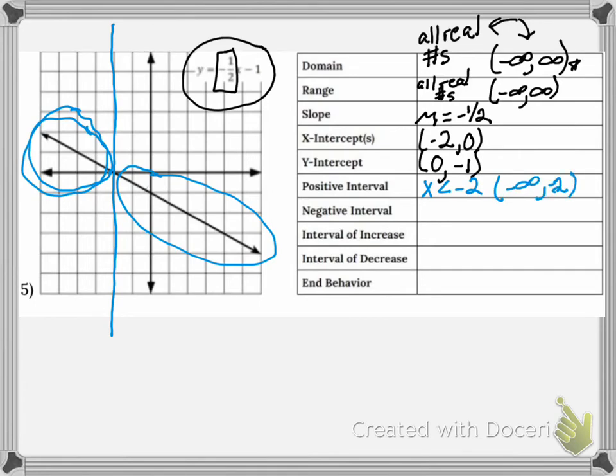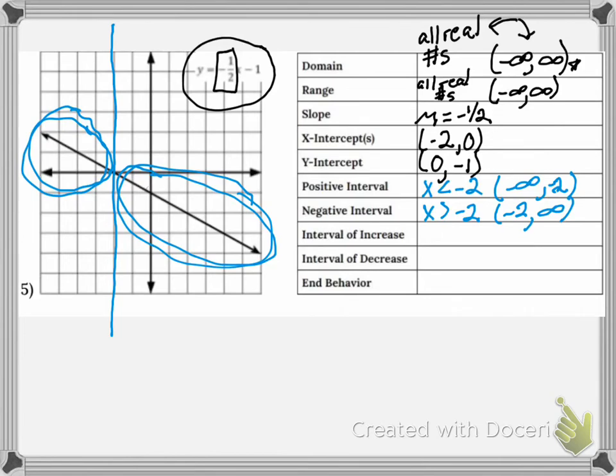The negative interval then would be the opposite of that. This part of the graph, those x or domain values are greater than -2. So we would say x is greater than -2, and then using an interval, we would say -2 to +∞.